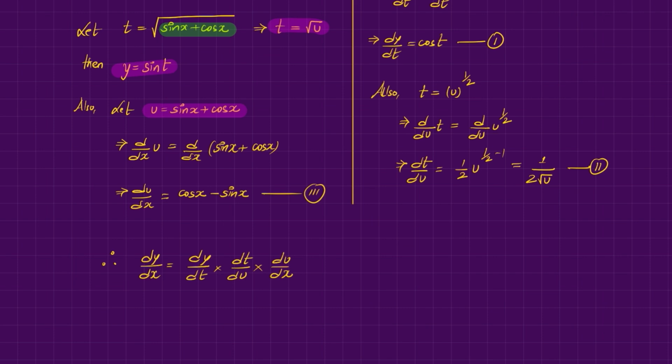So now if you notice here, this dt and dt will get cancelled, and this du and du will get cancelled, so we will remain with dy over dx. So that is how the chain rule works.